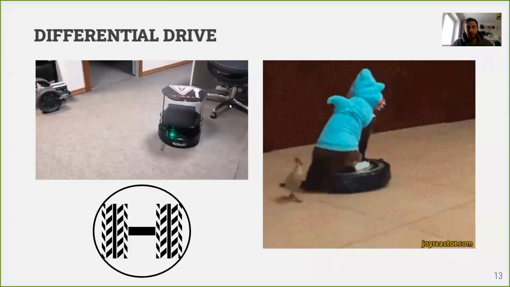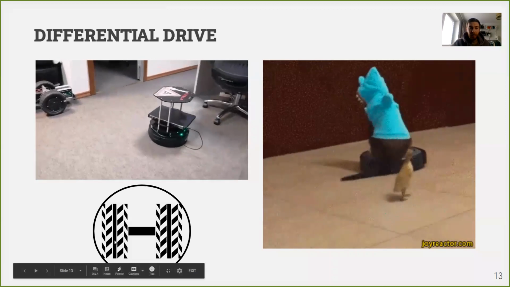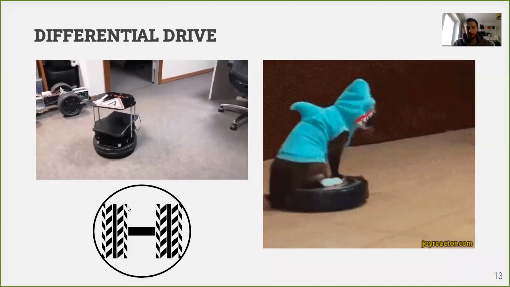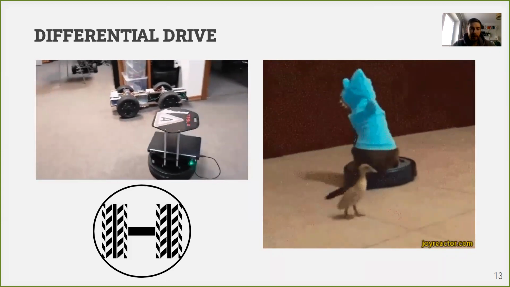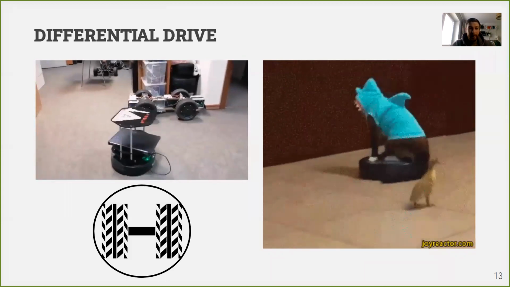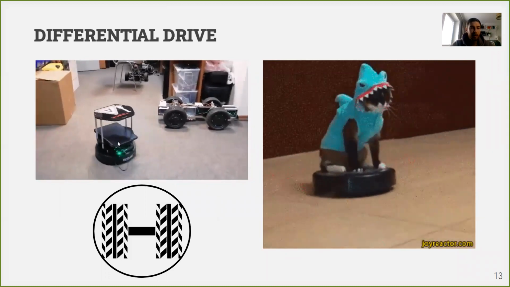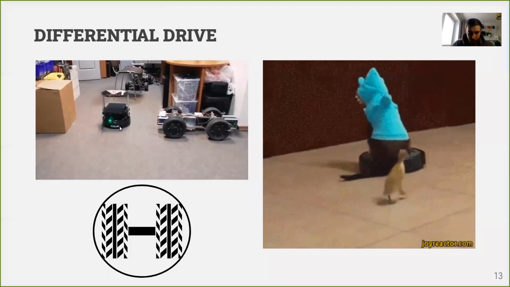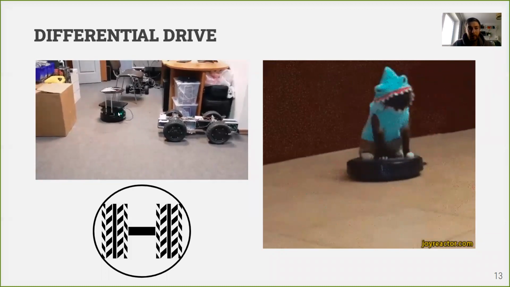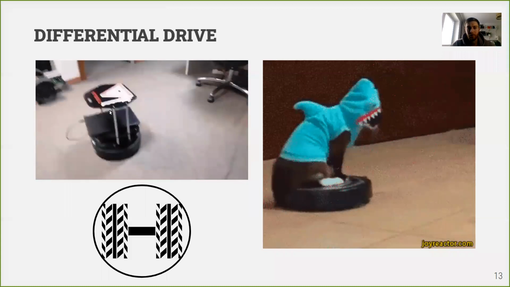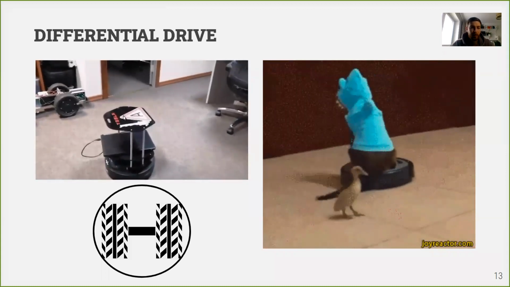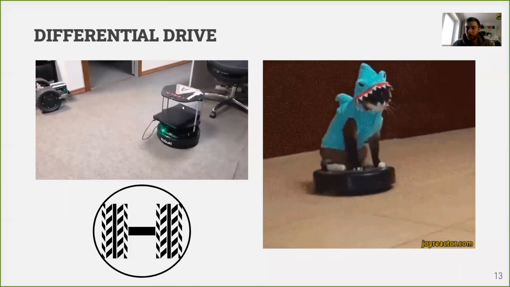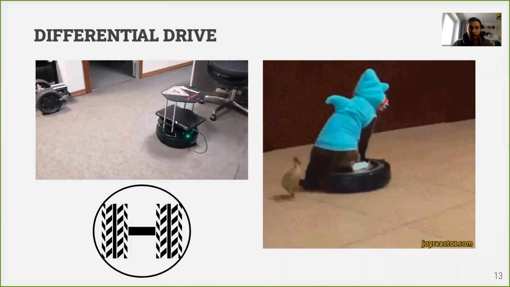And so we are starting to discuss particular kinematic types of robots. We start with differential drive. As we already said, it is quite common in vacuum cleaners, and you can see this is a robot in our lab, which is built upon a vacuum cleaner robot, and this is a quite famous research robot called Turtlebot, used a lot in laboratories all over the world to study simple motions and so on.